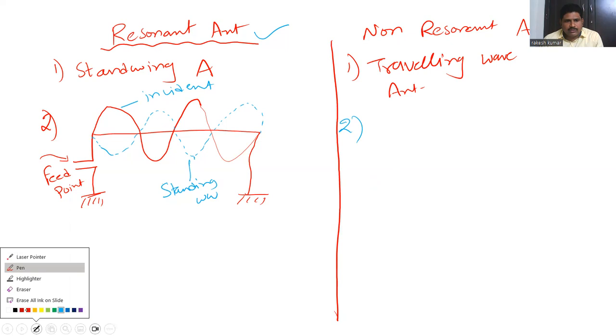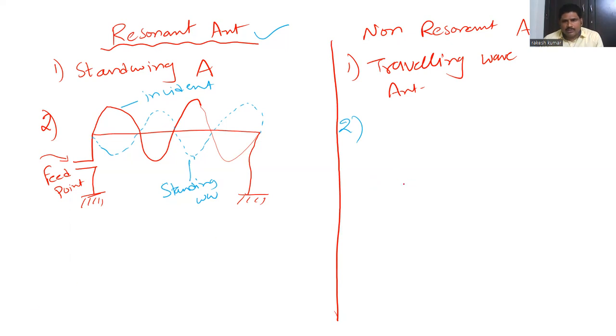I'll draw the same diagram here. In non-resonant antenna, let us consider this is the feed point. Here in non-resonant antenna, at the output side, termination is provided.